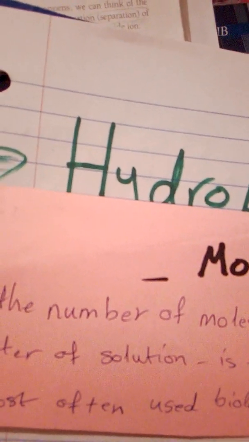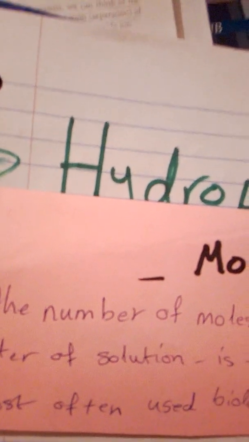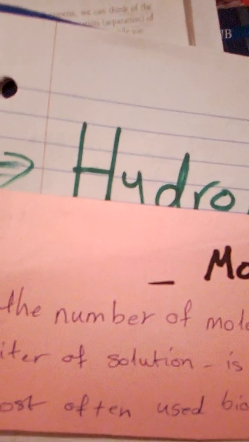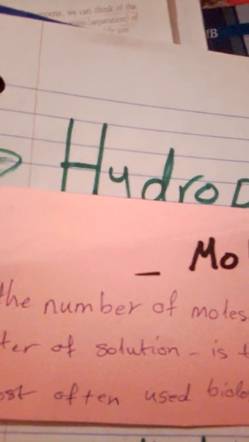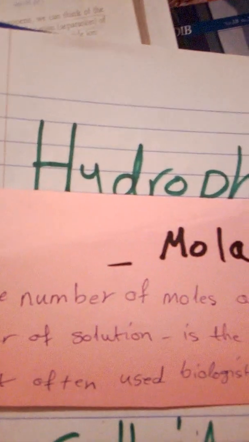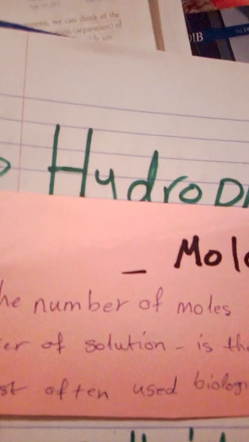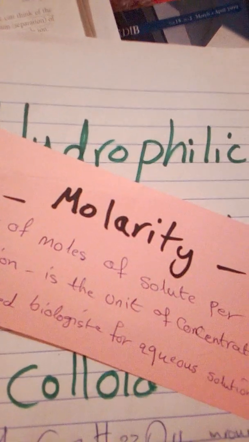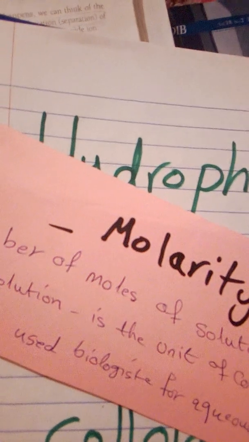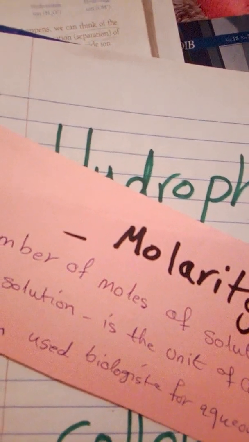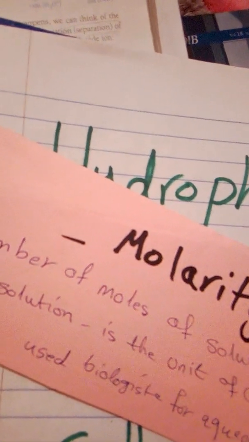We would then add enough water to bring the total volume of solution up to 1 liter. At that point we would have a 1 molar solution of sucrose. Molarity, as it's written here, the number of moles of solute per liter of solution, is the unit of concentration most often used by biologists for aqueous solutions.